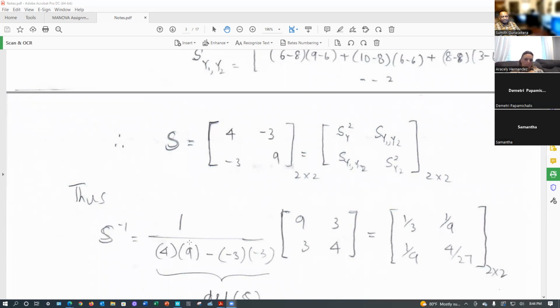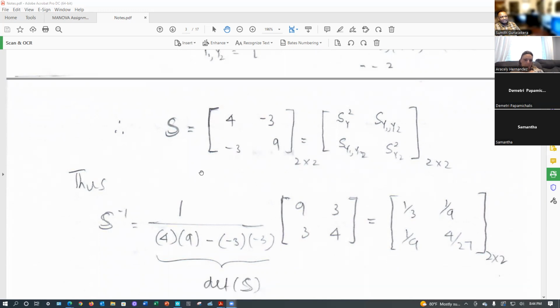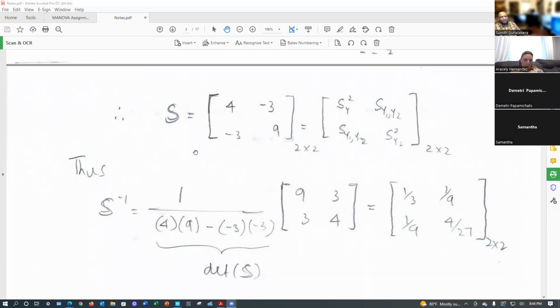We don't have to do it by hand, but I'm showing you. You can use a program to do it. In a case like this, it's very easy. If you need the inverse, you find the determinant of this matrix. How do you find the determinant? You multiply 4 times 9 minus 3 times minus 3.